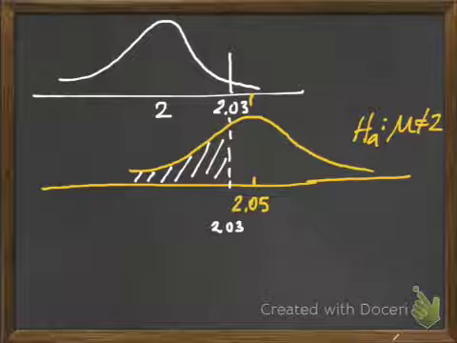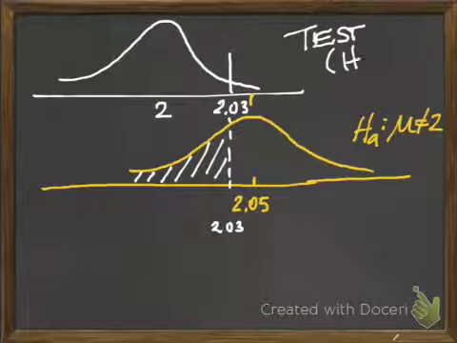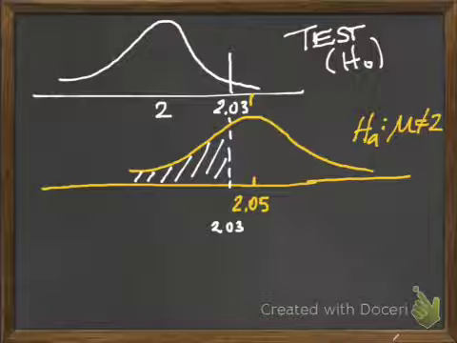This is the test up here, where we're testing the null hypothesis, and we've set up this criterion. We'll accept anything that's below 2.03. Well, if the real mean is 2.05, we have all this area of accepting trash chips and shipping something we shouldn't be shipping.